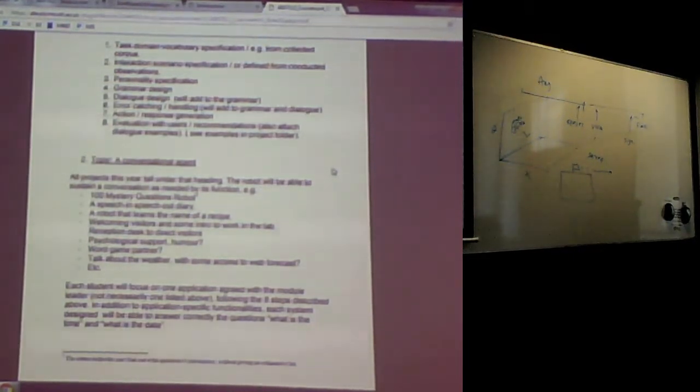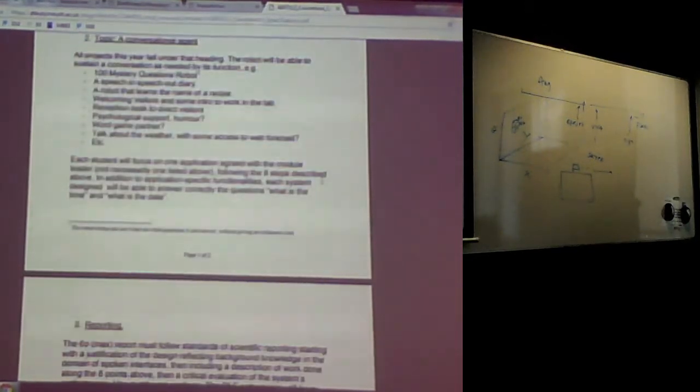Some applications are less obvious, so you have to make it flow. It's not a command application, it's a conversation. That being said, each of your systems, whatever the application is, should be able to answer the question, what's the time, what is the date? I don't expect a conversation about that. But if it doesn't understand what you say, then maybe a conversation will start.